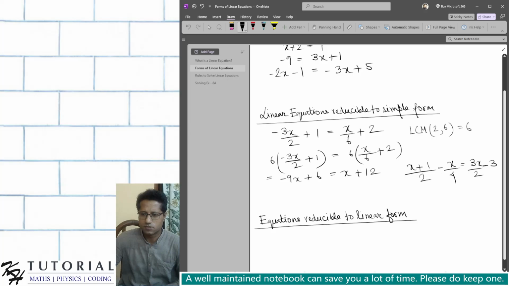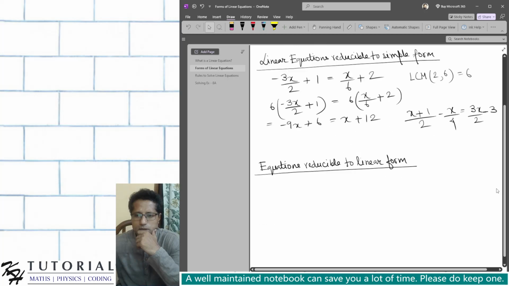The three rational terms are x plus 1 by 2, minus x by 4, and 3x by 2. Because of these rational terms, it is not considered a simple form, but we can reduce this equation to simple form by multiplying both the sides by the LCM of 2, 4 and 2, which is 4. So if you multiply both the sides by 4, it will be reduced to simple form. So this was linear equations reducible to simple form.